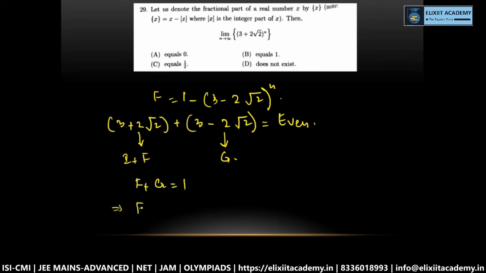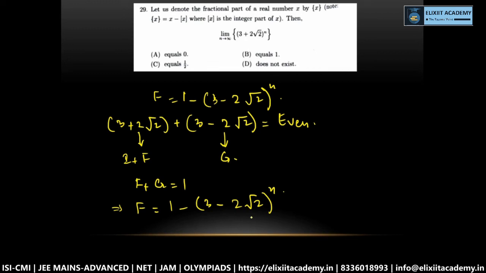Then f is 1 minus g. So that's basically 1 minus 3 minus 2 root 2 whole to the power n. This particular concept of the integral part and the fractional part we have done quite a few times in your binomial theorem.